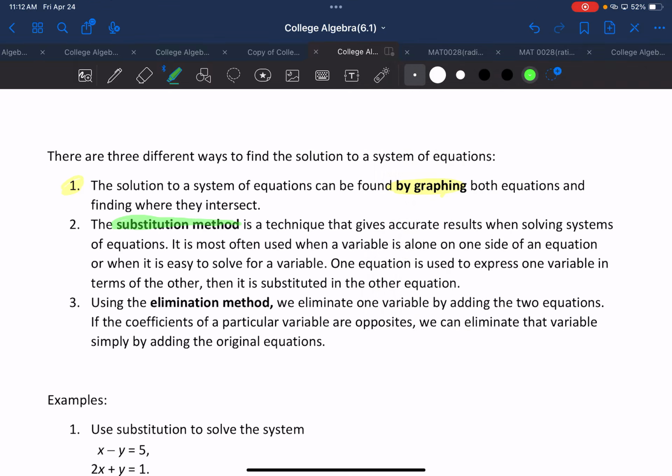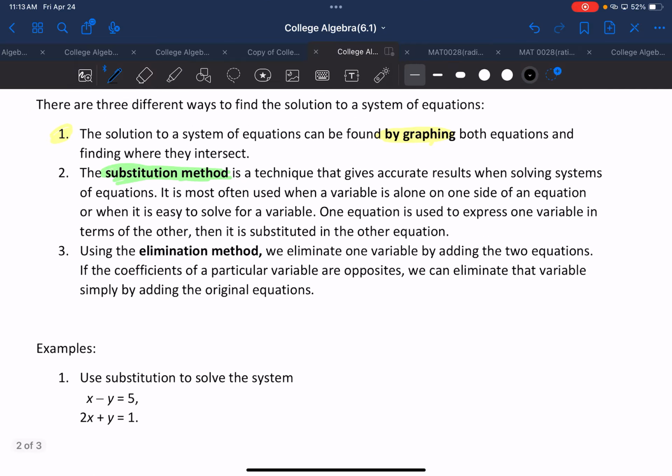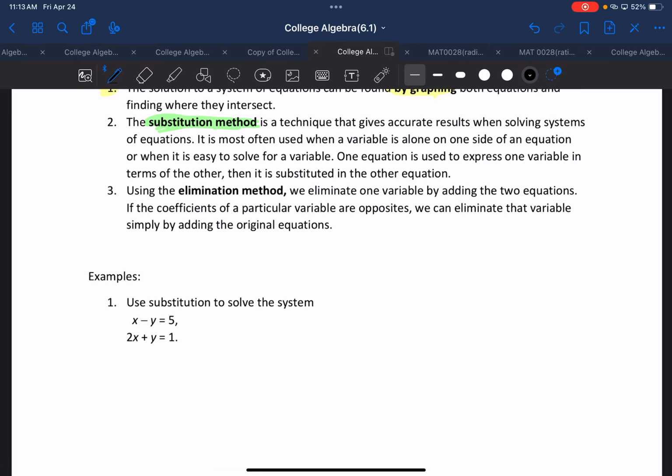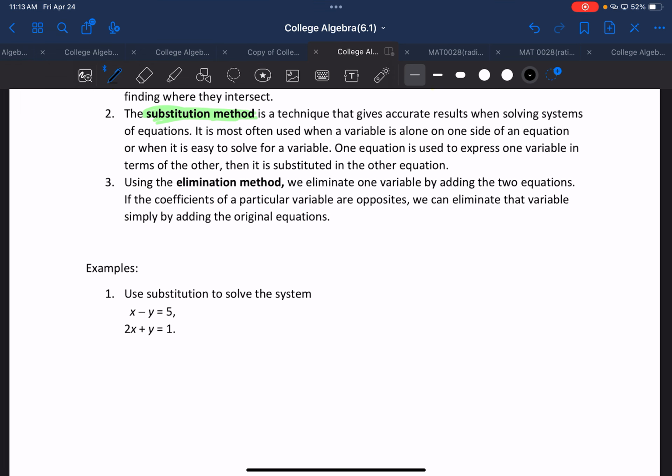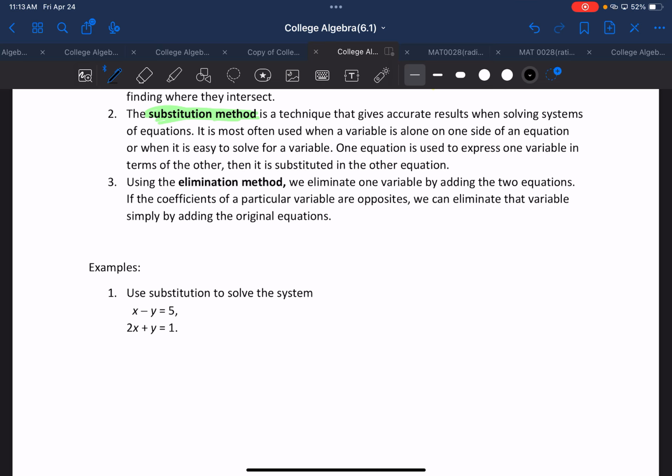So the first is called the substitution method. I'm going to explain the steps of this with the example down here. This little paragraph tells us a little information about it. It gives us accurate results, and we usually use it when it's easy to solve one of the equations for another variable.